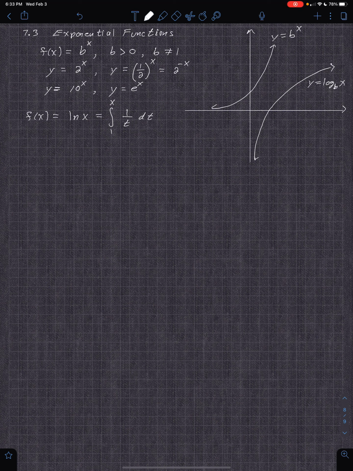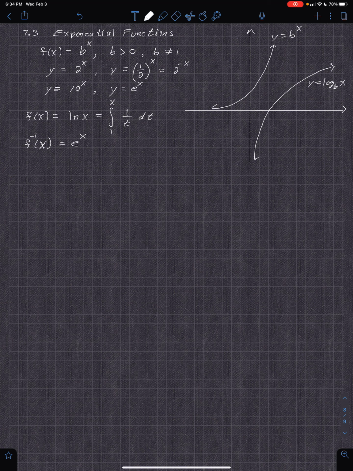Okay, so we actually know what that is, and we defined e based on the property that you get 1 when you add that up. So basically, f inverse then is e to the x, or vice versa. It doesn't really matter. So they're inverses.